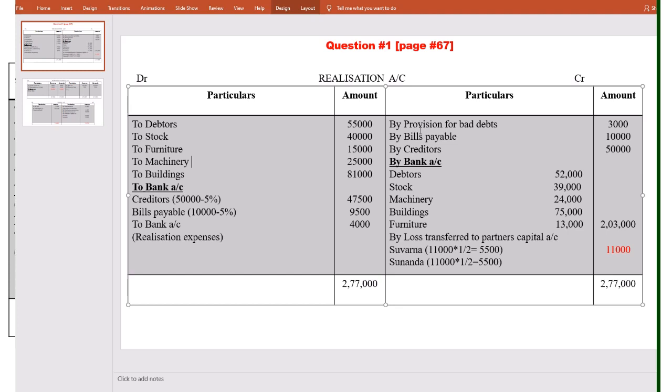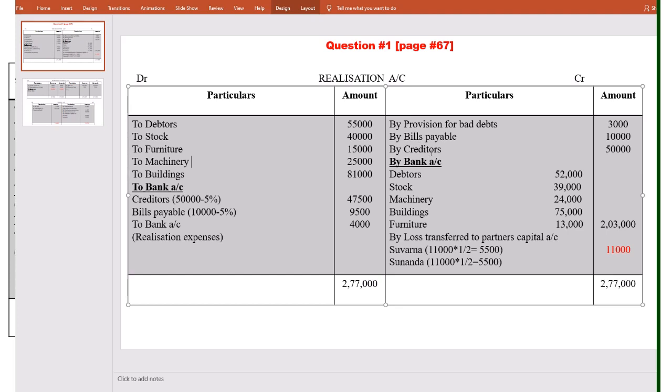So the firm is going to face the loss due to PDD. PDD is always a loss for the firm. That means the loss is paid by whom? The firm, the business. So the business is liable to face that particular loss. That is the main reason we are taking PDD in the credit side with the liabilities.